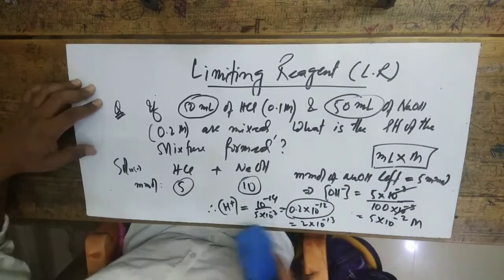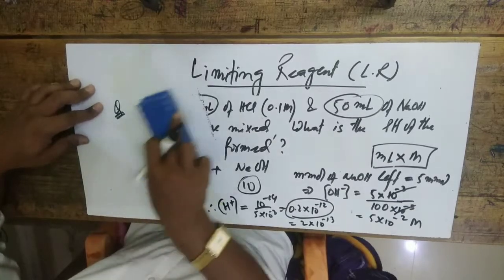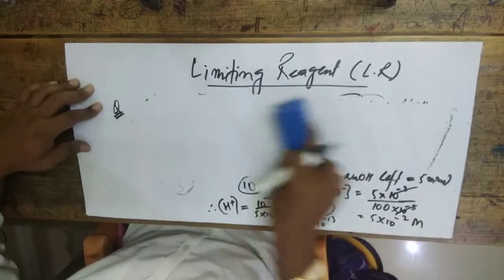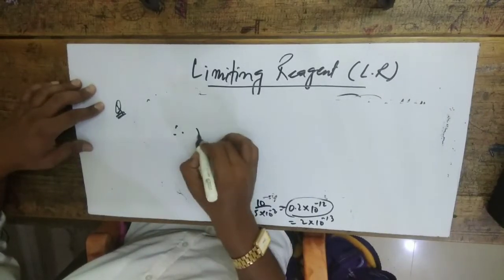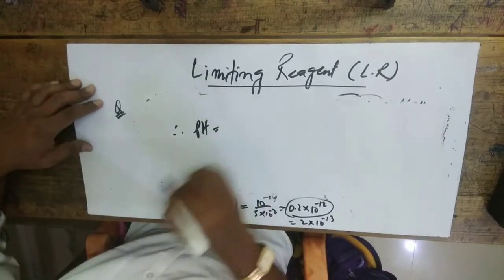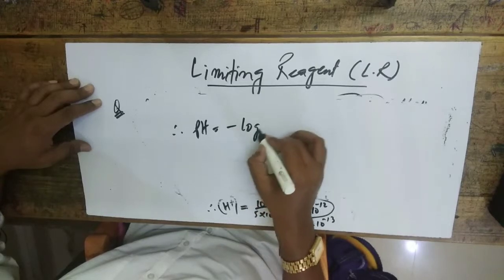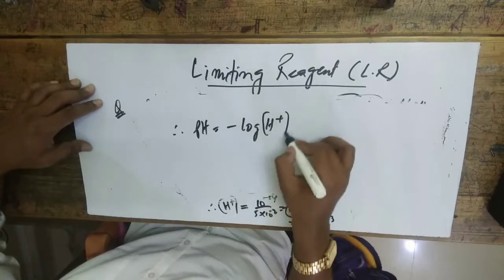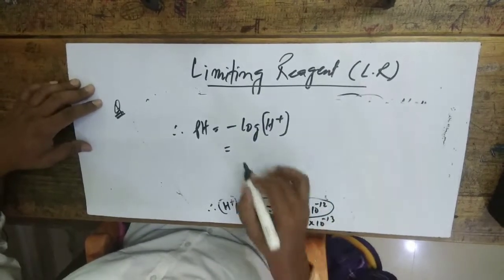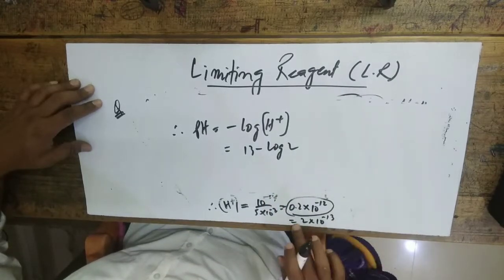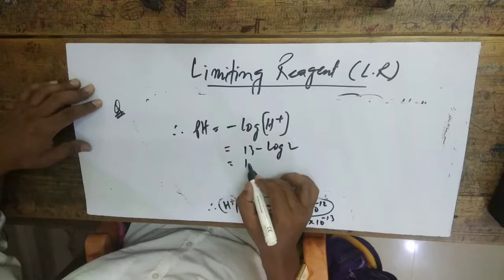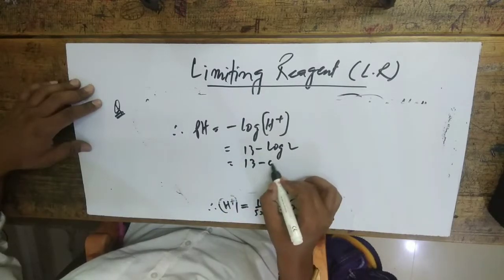Now from this concentration of H plus ion we need to calculate pH. The pH of the solution will be equal to minus log of H plus ion concentration, which is 13 minus log 2.